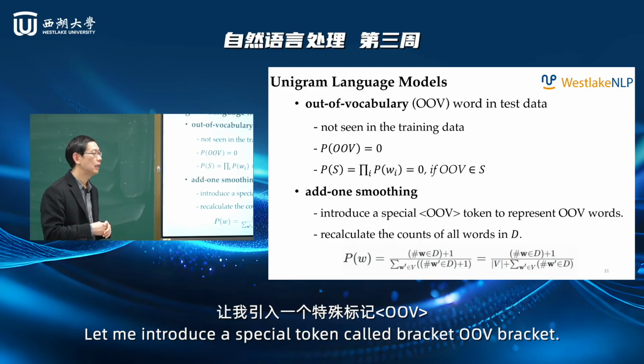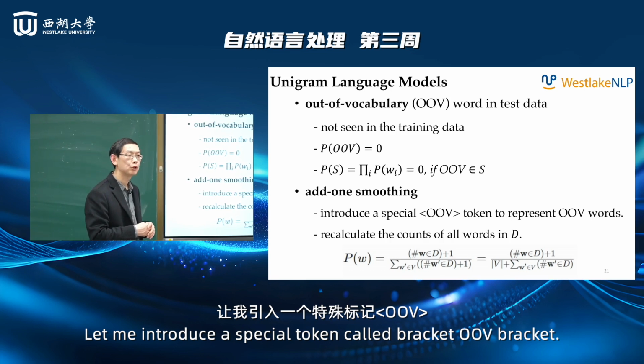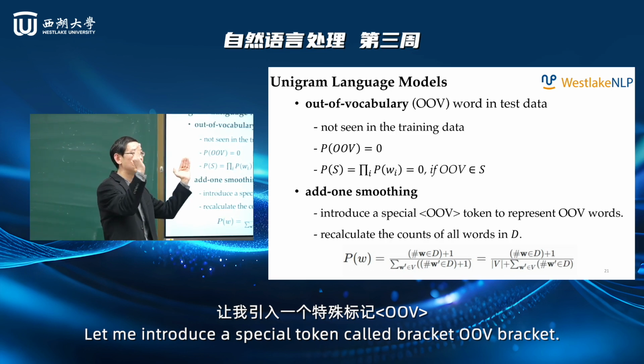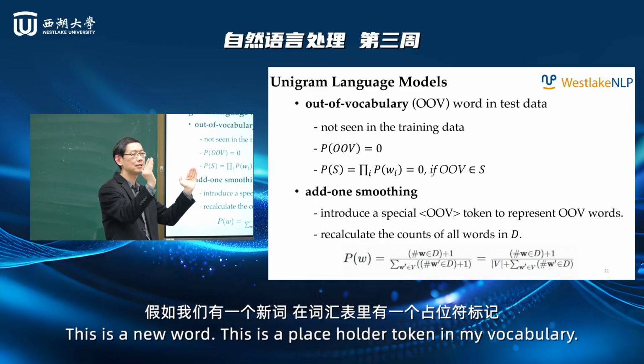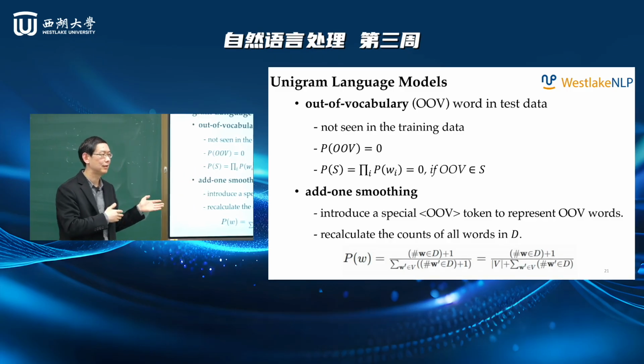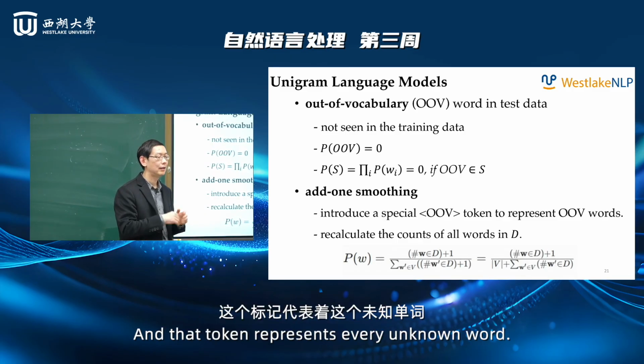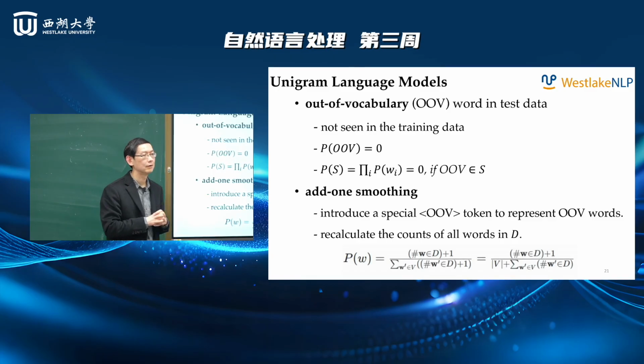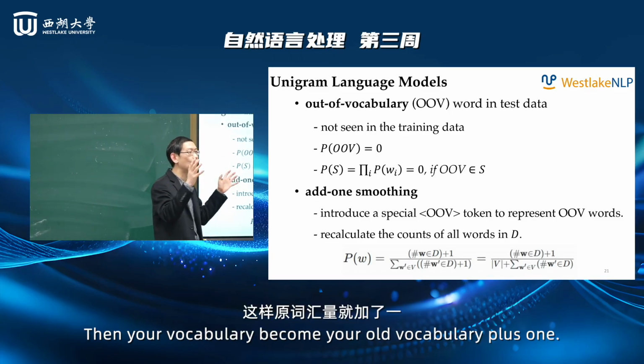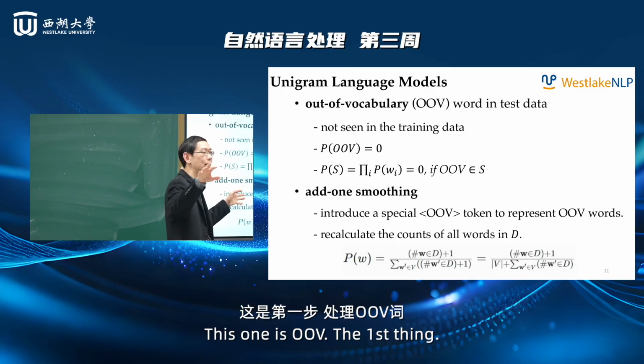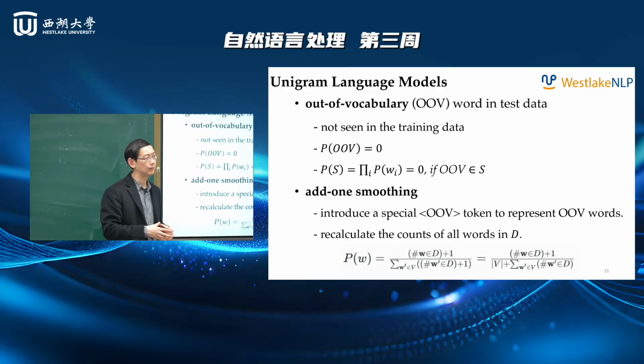Let me introduce a special token called bracket OOV bracket. Okay. So this is a new word, a placeholder token in my vocabulary, okay? And that token represents every unknown word, all right? Then your vocabulary becomes your old vocabulary plus one, right? This one is OOV, the first thing.